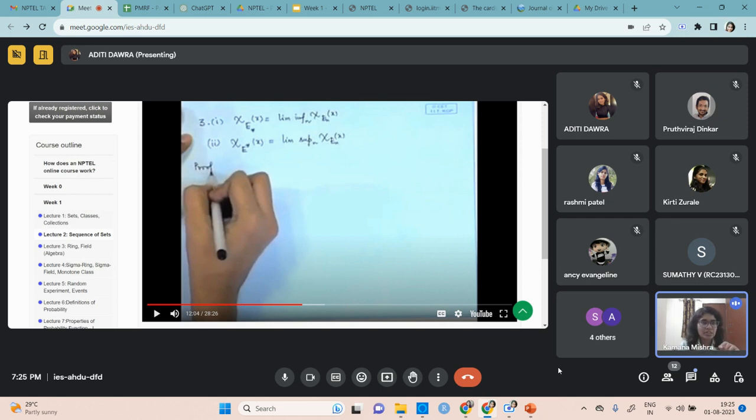Whenever you take the infimum, with n a natural number, if you try to find its limit, it will be 1 minus 1 upon n when n tends to infinity. Limit means when n tends to infinity. So it will be 1. Infimum.